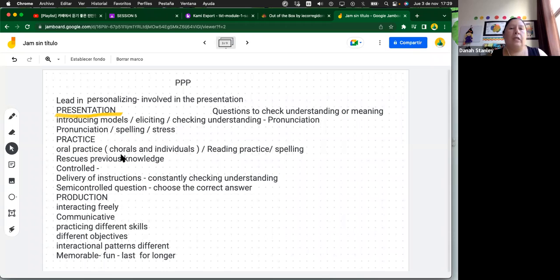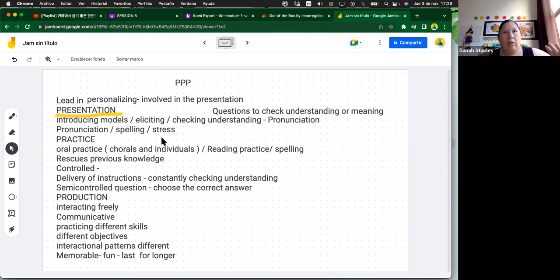For example, in this case, I can present the vocabulary of jobs by asking them to mime the job. For example, doctor, like this, no? Checking the heart, or teacher, or painter, or astronaut. I don't know.